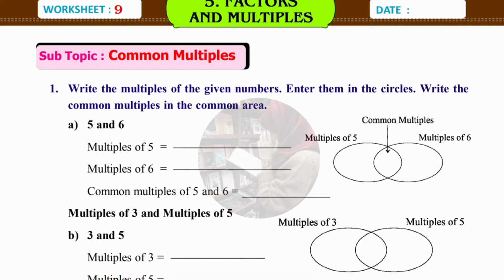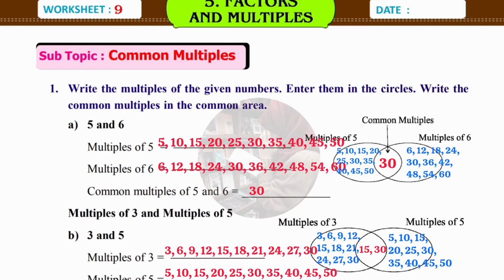Okay, first given numbers are 5 and 6. First we'll write the multiples of 5 and 6. Here they didn't mention first 5 multiples or first 6 multiples, so we can write up to 10 also. The multiples of 5 are 5, 10, 15, 20, 25, 30, 35, 40, 45 and 50.